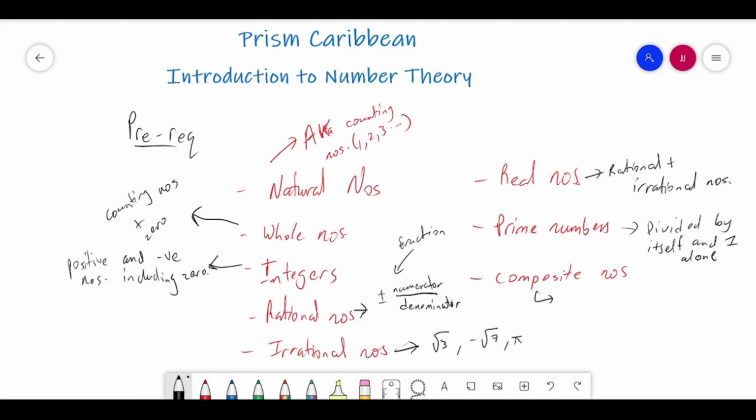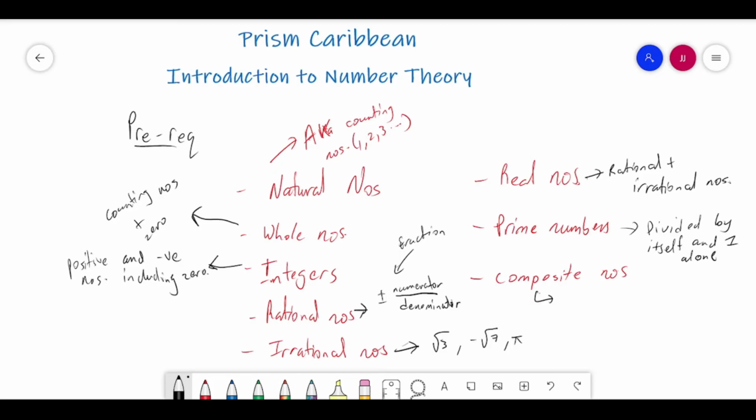So composite numbers are numbers which have other factors besides itself and 1, right?